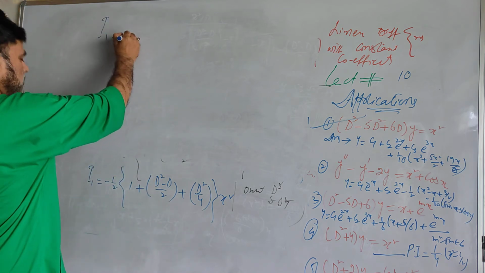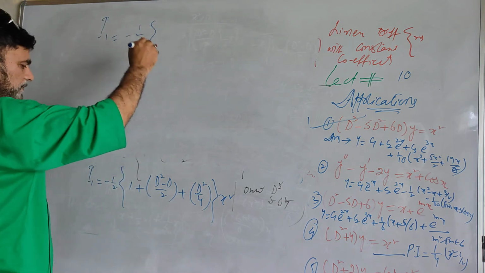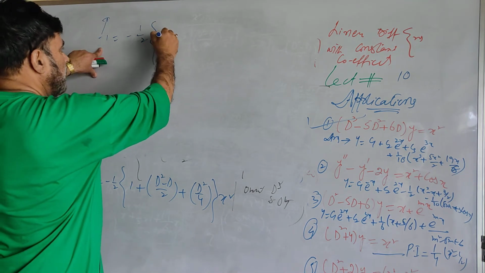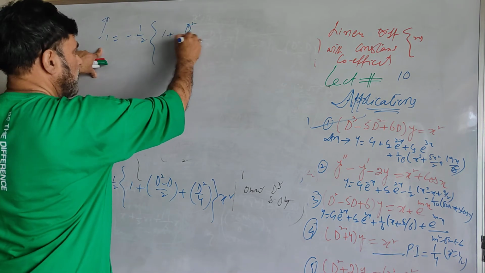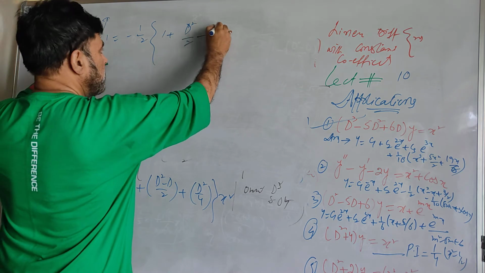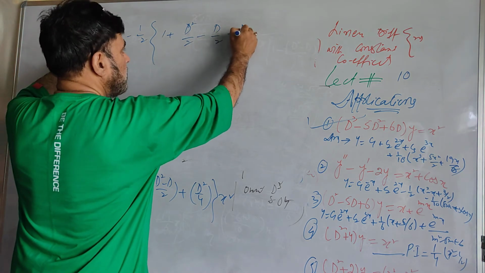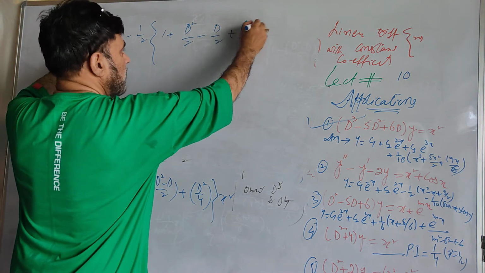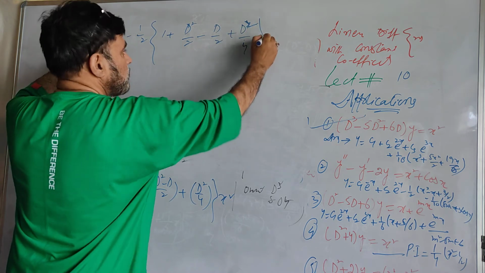This is I1, which is minus 1 by 2 into 1 plus d square by 2 minus d by 2 plus d square by 4, acting on x square.